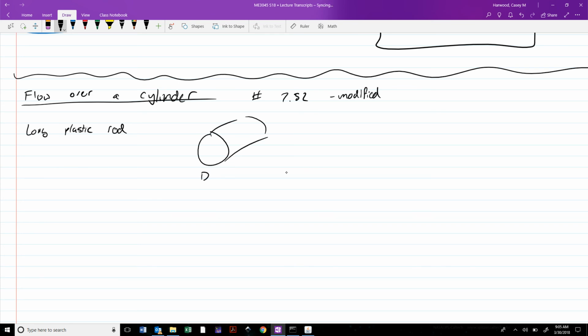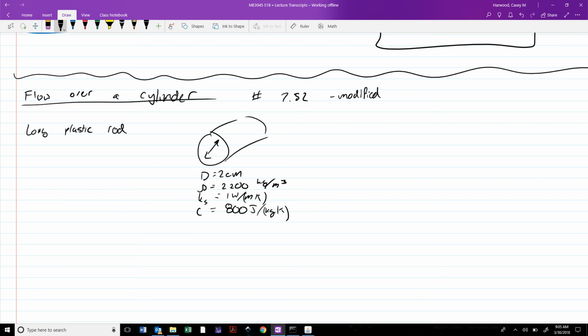This thing has a diameter of 2 centimeters. It has a density of 2,200 kilograms per meter cubed, and it has a solid conductivity of 1 watt per meter Kelvin. And a specific heat capacity of 800 joules per kilogram Kelvin.